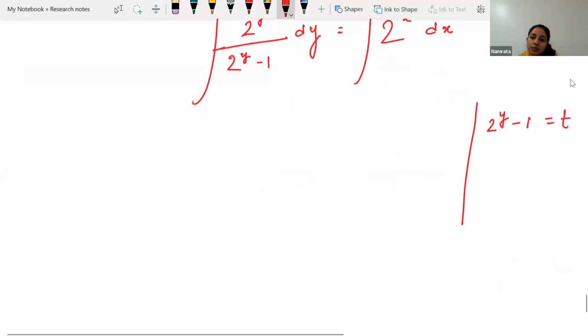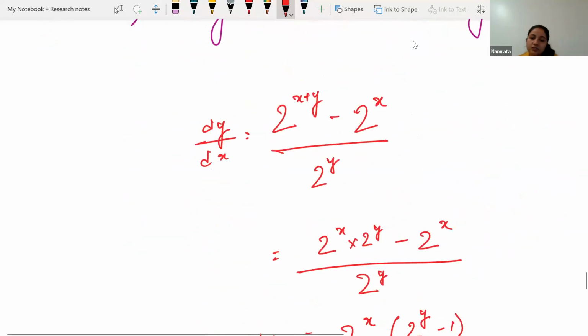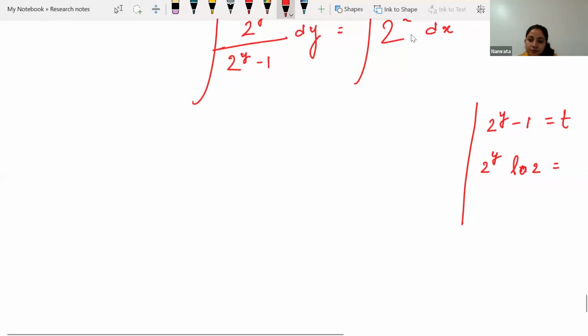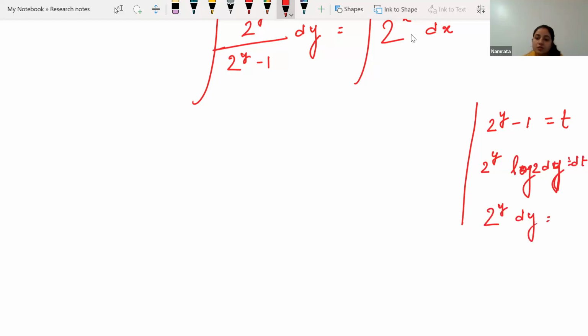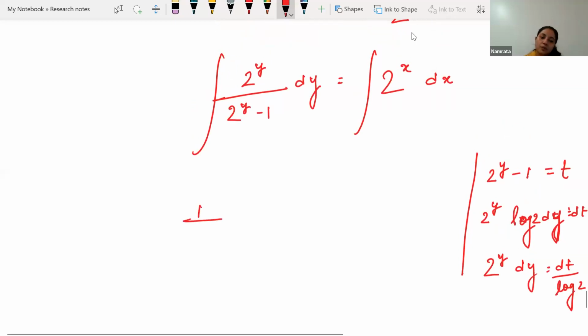So we will be using 2 raised to the power y log 2, natural log I am taking because everywhere I have seen e. Okay, the base was e or the base was 2? Base was 2. Log I am taking. Log 2 dy is equal to dt. Okay, so 2 to the power y dy is equal to dt by log 2. Okay, so this is what we are getting here.